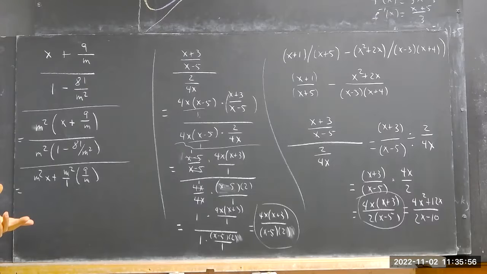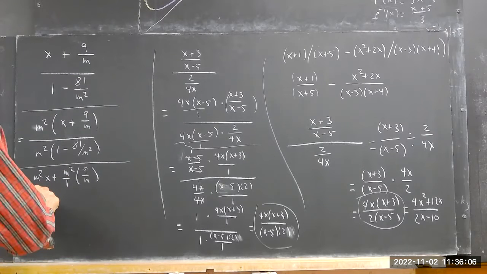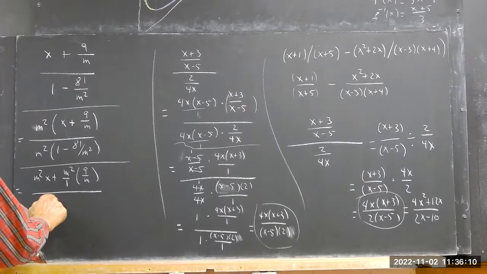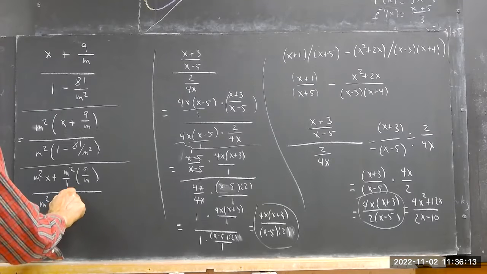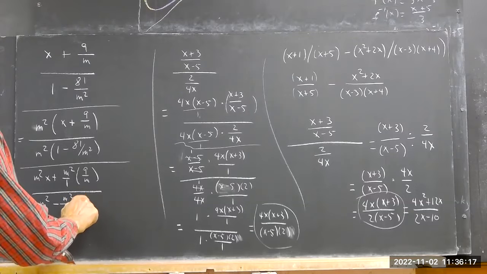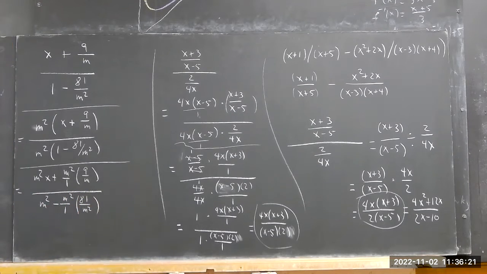And write it this way, right? Distributive law: M squared times X. And M squared times 9 over M, I could write as M squared over 1 times 9 over M. Denominator is this, okay?